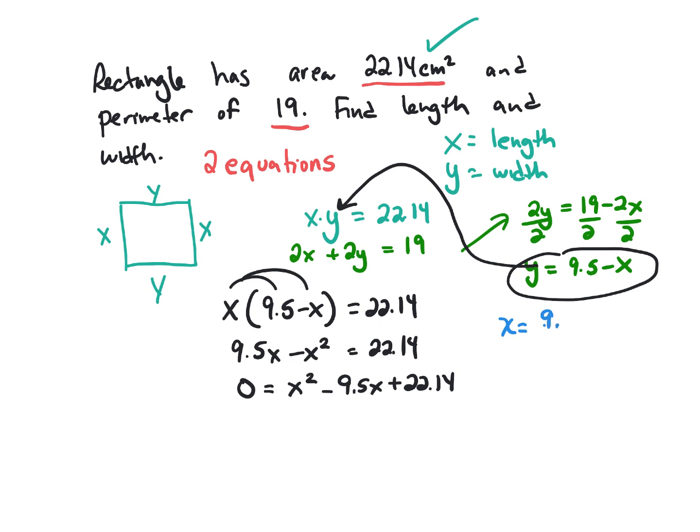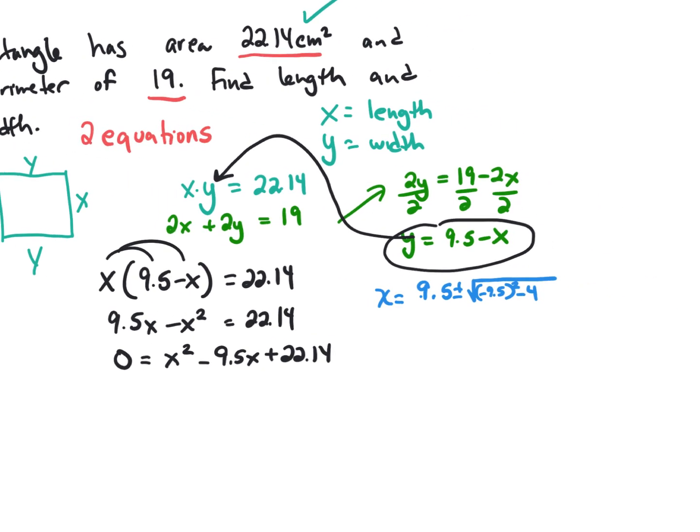So we get negative b plus or minus the square root of b squared, which is going to be negative 9.5 squared, minus 4 times a, which is just 1, times c, which is 22.14, all over 2a.